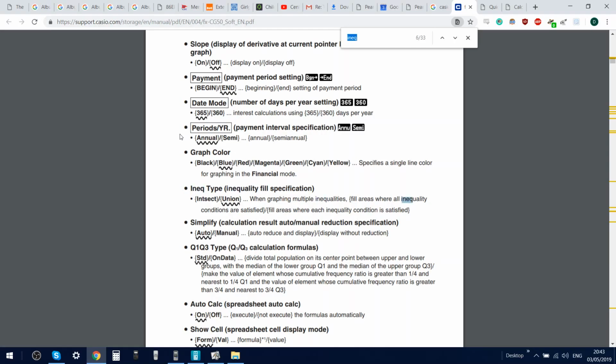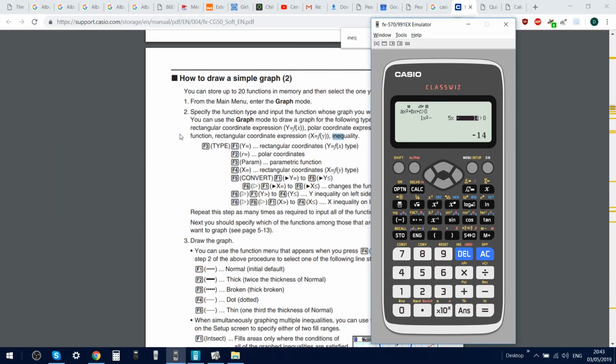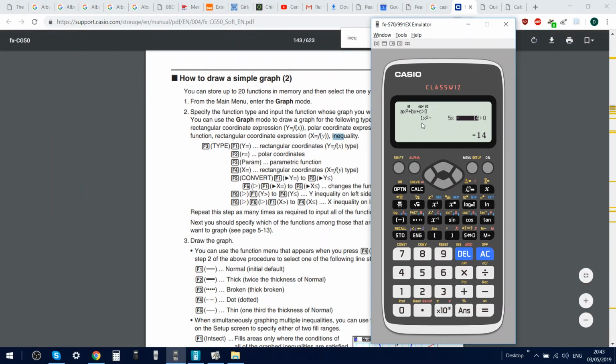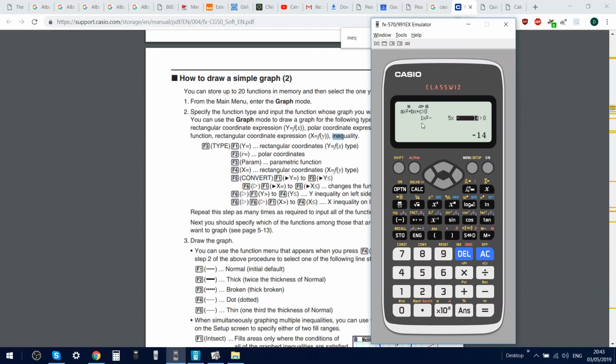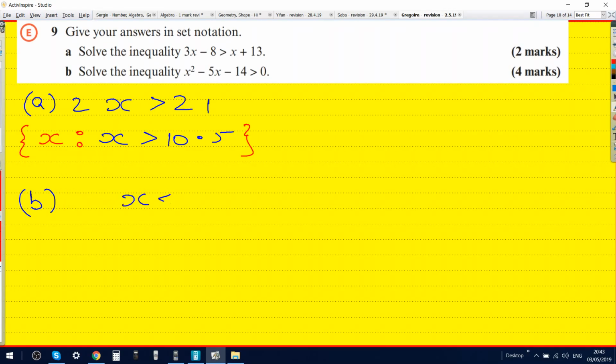Can we not still just do the quadratic formula and assume? So here's on my calculator. We have 1, minus 5, and minus 14. And if I press equals, you can see that x is less than minus 2 and x is greater than 7. I mean, it does come up with those values. You get x1 and x2.